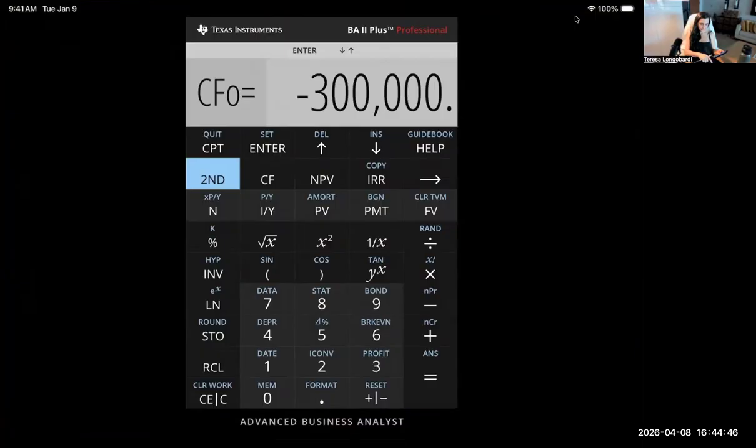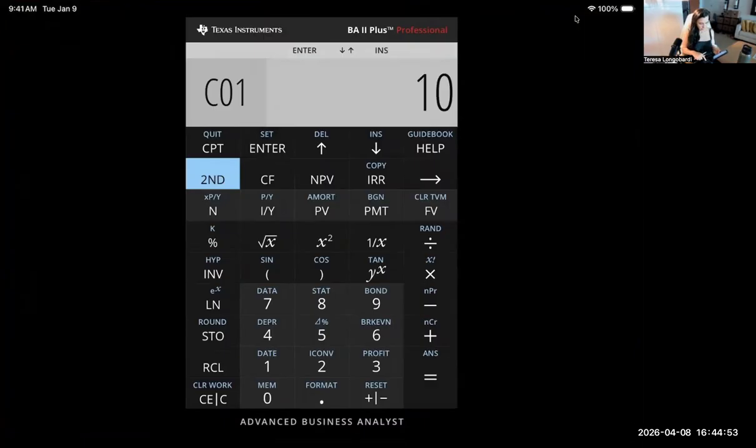Okay, CF, second clear work. Let's put these numbers in. 0, enter down. First cash flow 102,960, enter down. Just a frequency of 1, down. And then 176,400, enter down, down, and then 126,000, enter down, down, and 90,000, enter down, down, and then NPV, put 13.5%.